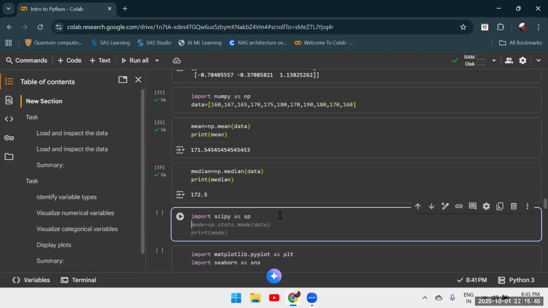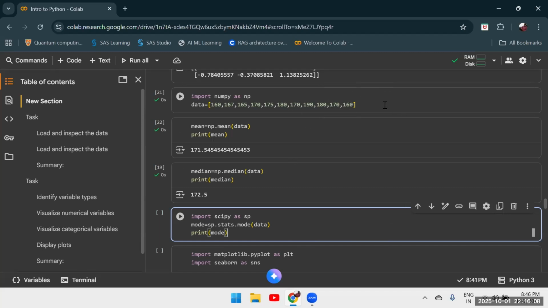So to use mode, I'm making use of SciPy, which we'll also be using for hypothesis testing. Now I'm saying mode of this data and print the mode. So first compute the mode and then print the mode from this data.